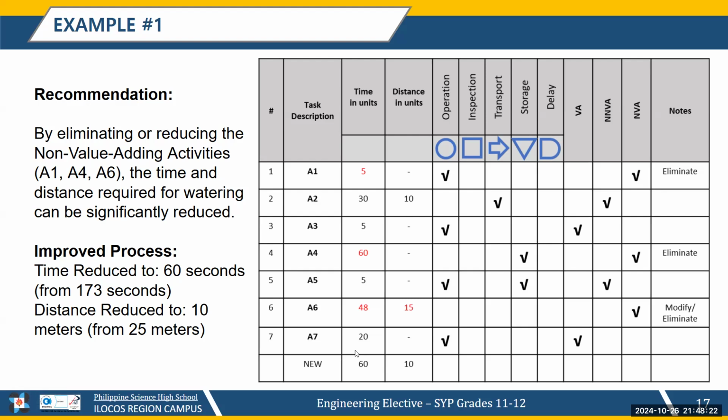So naging 1 minute na lang instead of the previous na 173 seconds. And the total distance is reduced from 25 meters originally, naging 10 meters na lang. Ang tinanggal dito ay itong distance covered when you do A6.